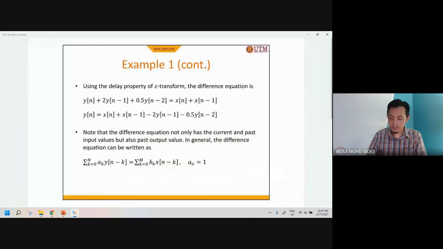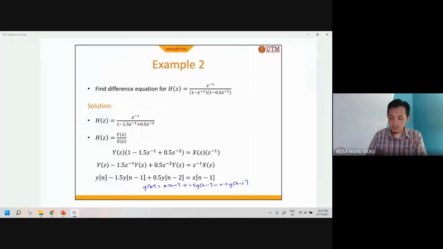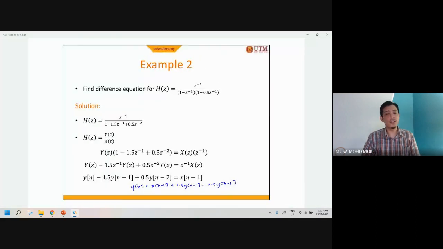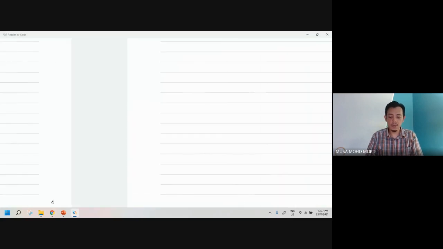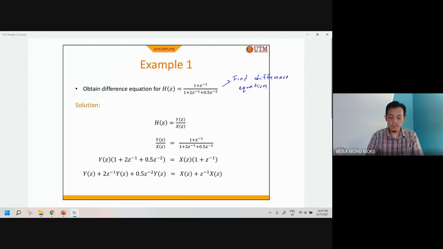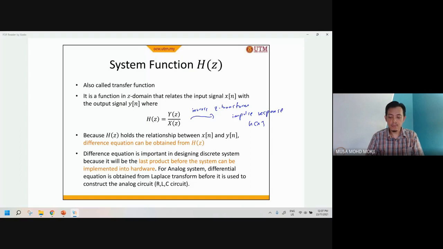And we have seen one application of why we need this system function, because it has the relationship of Y(z) over X(z). This is the one that we already know now, and we can do an inverse z transform to get a difference equation. Because of this, we can do a conversion between impulse response and difference equation.